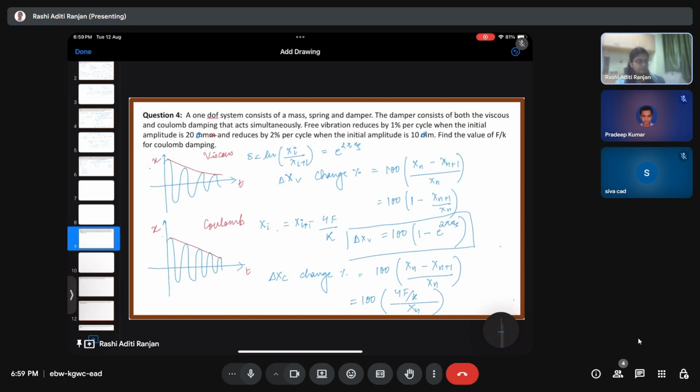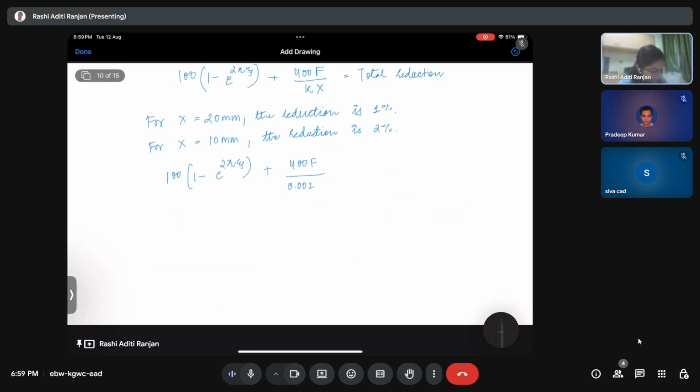Yeah, then it will be 0.02. Okay, 400 f by this into k is equal to 1. And then we have 100 times 1 minus e to the power 2 pi eta plus 400 f by 0.01 k is equal to 2. These are the two equations, right? And now we can use it to find whatever we want.